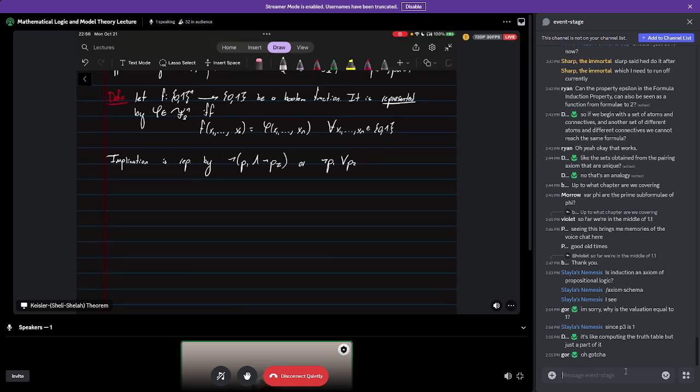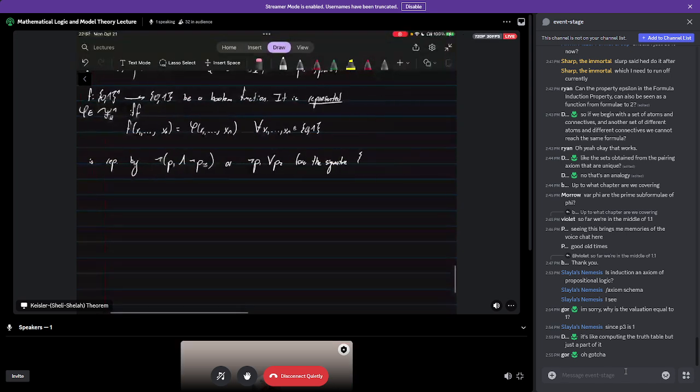Right, these are two representations of implication over the signature negation, conjunction, disjunction.